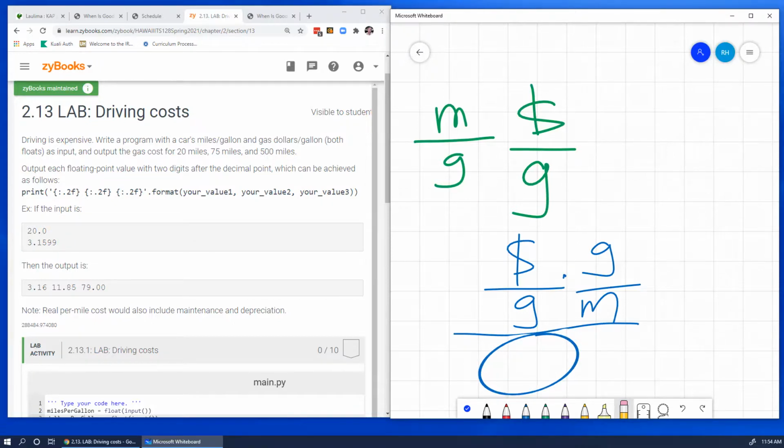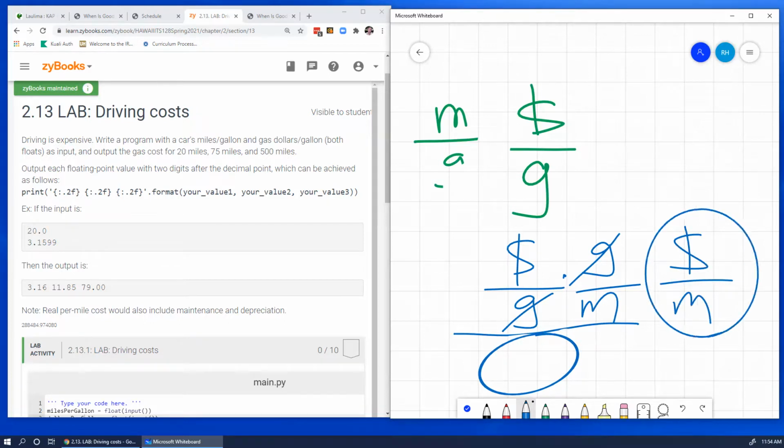So now we have dollars per gallon times gallons per mile, which is the reciprocal of this. And so now the gallons cancel, and we have dollars per mile. And this is what we want.